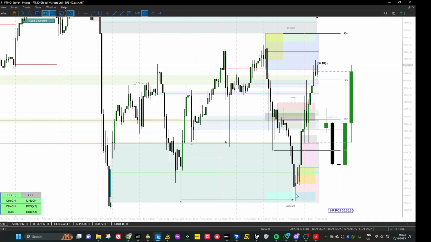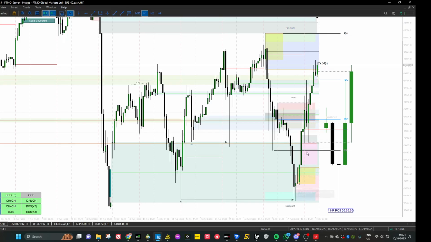The buys came in nice from the macro right around, I think it was 5:50 to 6:10, or 6:10 to 6:50 to 7:10, somewhere right around here. And had you got an entry down here, you could have been in this trade for the entirety of the day.